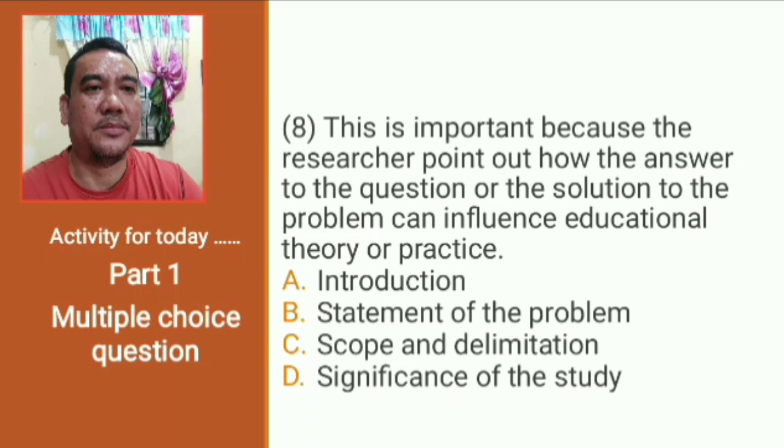This is important because the researcher points out how the answer to the question or the solution to the problem can influence educational theory or practice. A. Introduction. B. Statement of the problem. Letter C. Scope and delimitation, or letter D. Significance of the study.